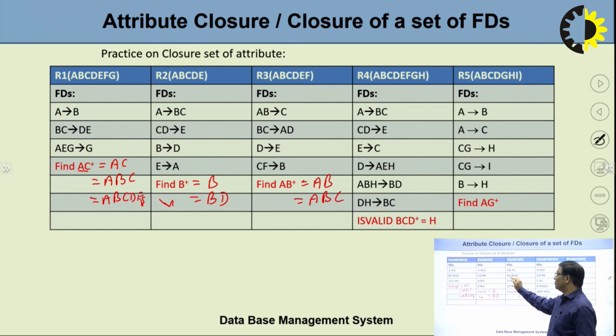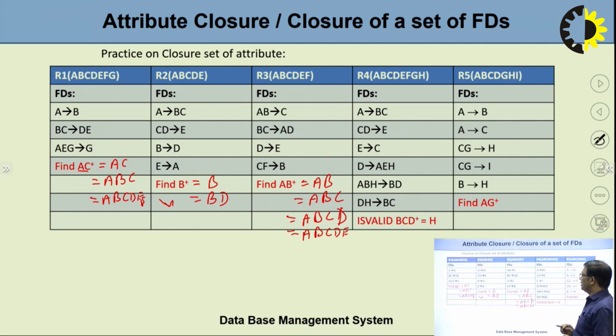And on the basis of BC, AD can be identified. So it is equal to A, B, C, D, because of AD. So we should include the D element here. A, B, C, D, and E is also identified. So it means A, B, C, D, E. Yes, no other element can be identified. So the final answer is A, B, C, D, E.